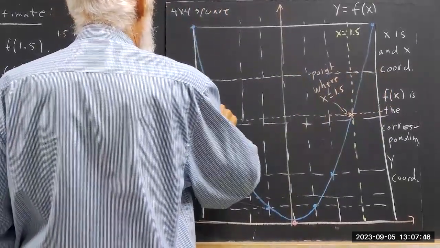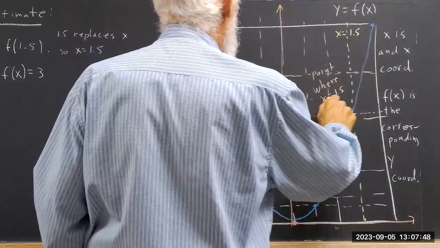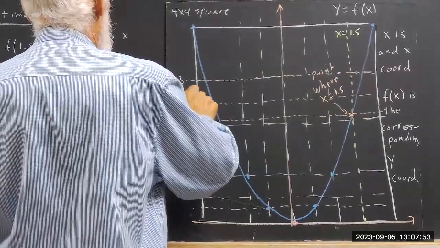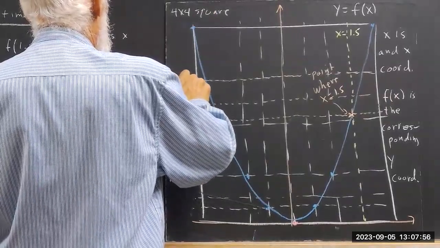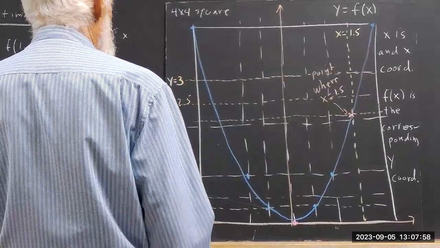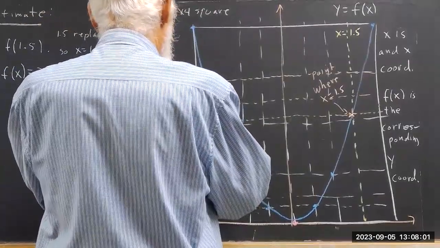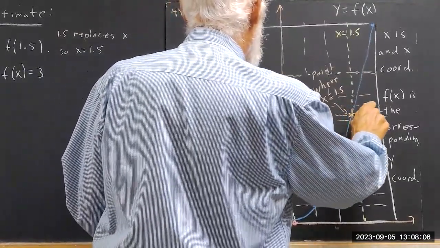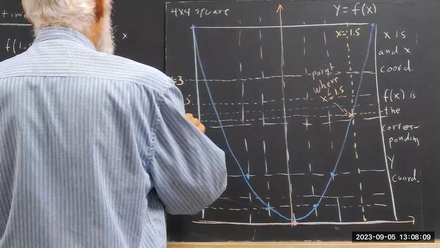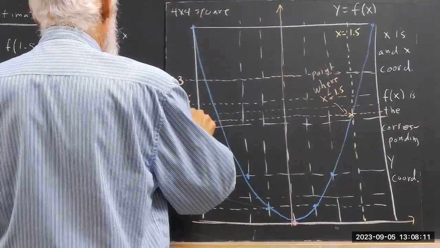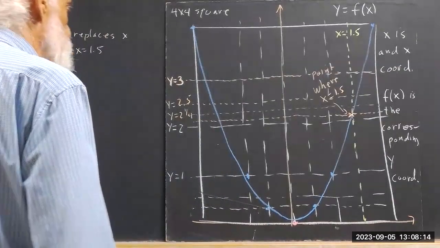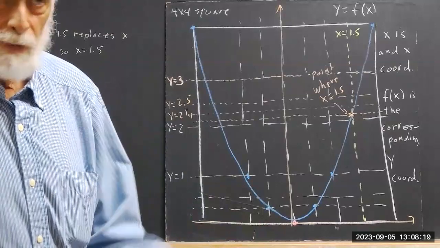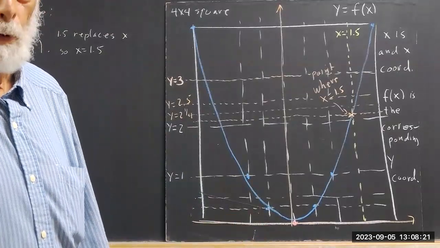So y equals 2.5 would probably be about here, and then y equals 2.25 here. That's 2.25. So I'm going to say that looks like about, to one significant figure, y equals 2.1, doesn't it?